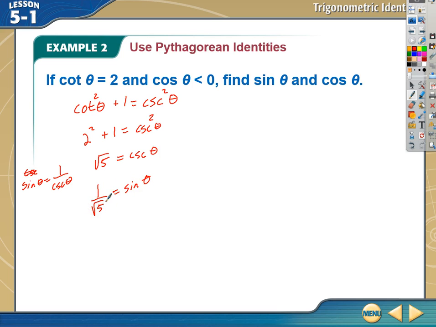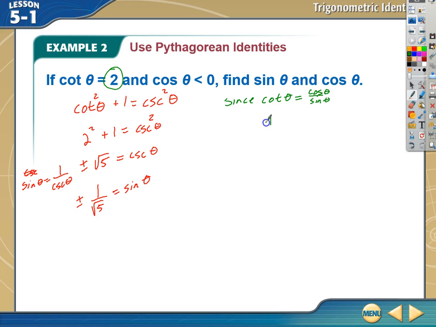And actually, to be safe here, when I take the square root, what I forgot to do was put plus or minus. I don't know which one it is, because remember, when you take the square root, it could be the positive or the negative. I still don't know which one it is until I take a look at what was cotangent. Cotangent was positive. And since cotangent of theta is equal to cosine of theta over sine of theta, and I know that cotangent was positive, but cosine is negative.